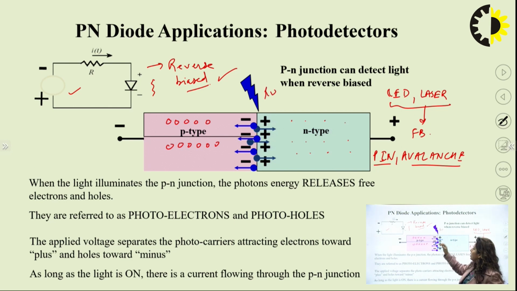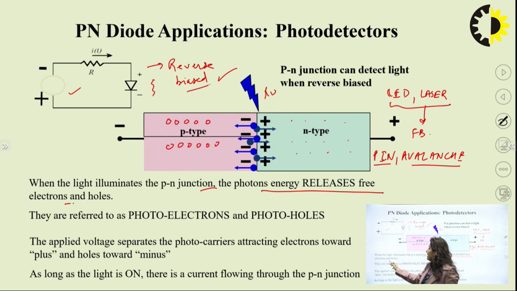The light will fall on the photodetector and the combined electrons and holes in the PN junction will get disturbed or repelled from each other, and they will move towards the terminals, the positive terminal and the negative terminal. So here we have written some points: when light illuminates the PN junction, the photon energy releases free electrons and holes.